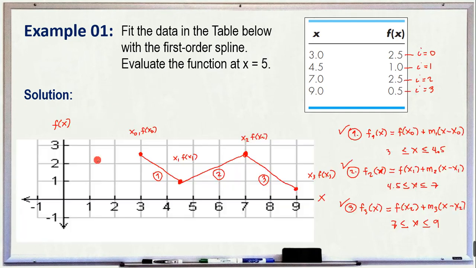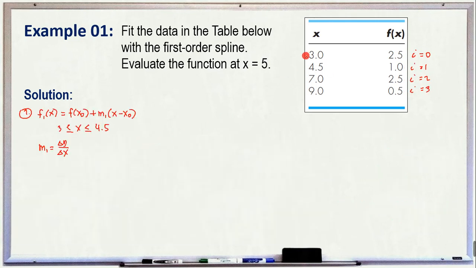When we look again at the previous slide, this is our first line. So the data points involved here are x1 and x0, the first pair. They are the ones involved first.